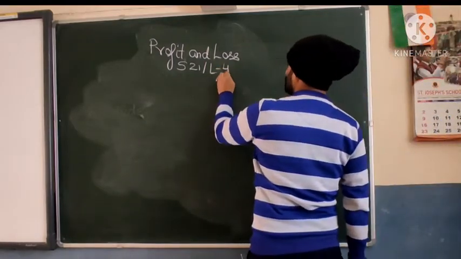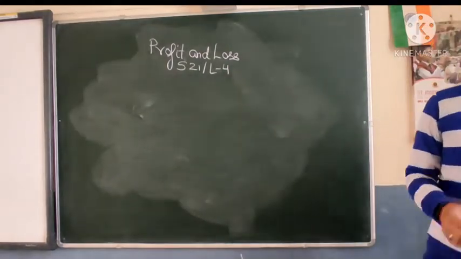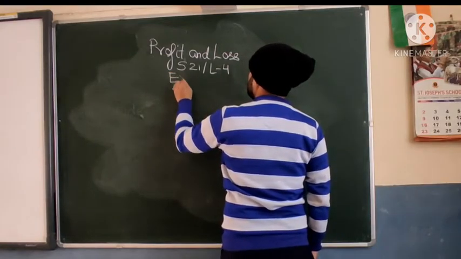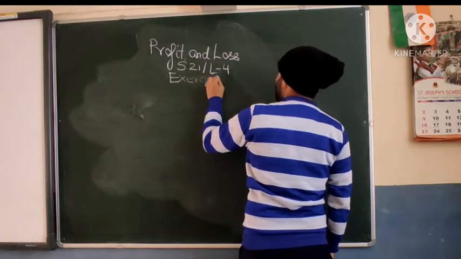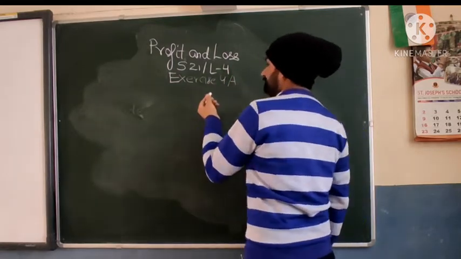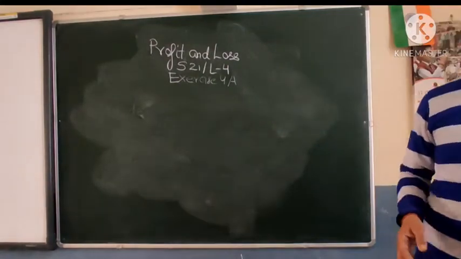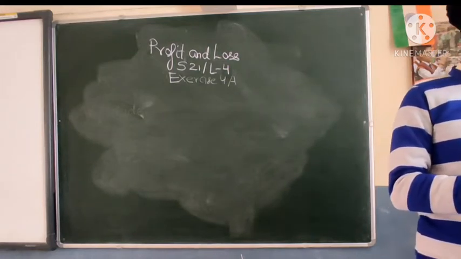Saturday and Monday and Tuesday, this is the Wednesday lecture, so it is the fourth lecture on this. And exercise 4A. The exercise names are a little bit misleading because 4A will be in so many places. This chapter is divided into 4A, 4B, all these things, so you must know that.